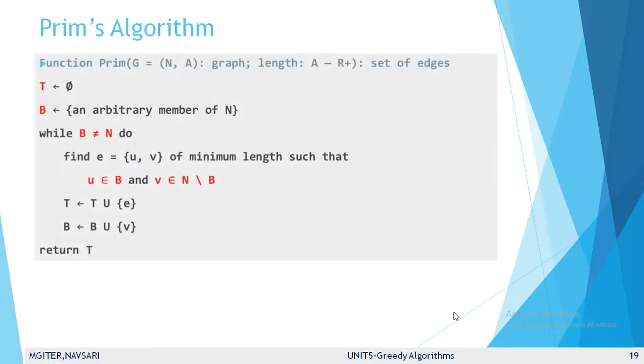Now we see the algorithm of Prim's algorithm. Graph G has n nodes and a edges. T is phi.